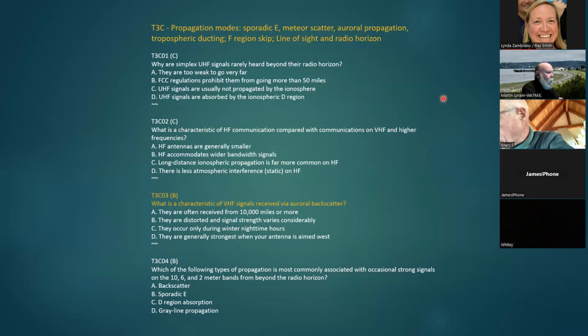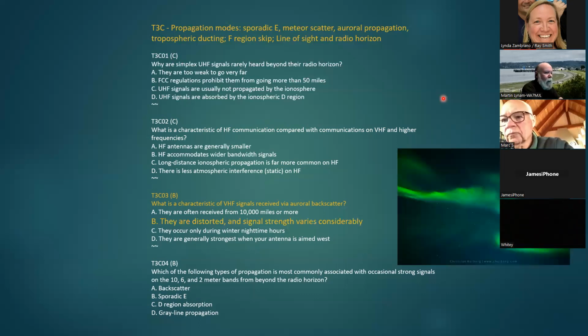C03. What is a characteristic of VHF signals received by auroral backscatter? Okay, this is one you're generally not going to use on a regular basis, but you can use auroral backscatter to actually bounce your VHF signals off of the aurora borealis.